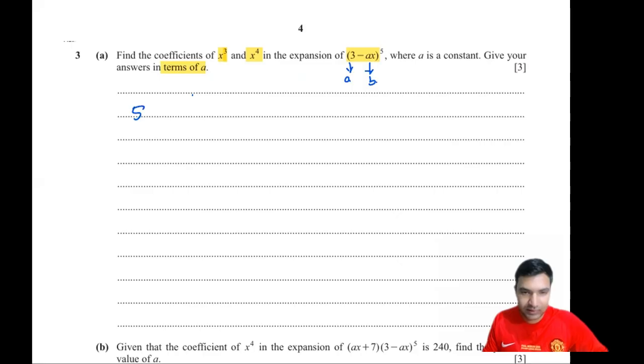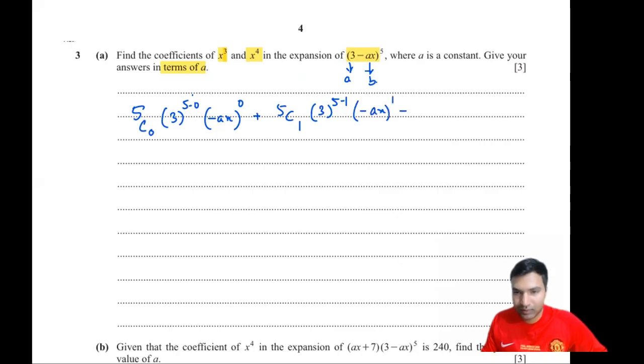I'll start with 5c0 in the expansion of this. First term, which is basically 3 to the power 5 minus 0, and then we get negative ax, whole thing to the power 0, plus 5c1, 3 to the power 5 minus 1, negative ax to the power 1, plus 5c2, 3 to the power 5 minus 2, and then negative ax, whole thing to the power 2.